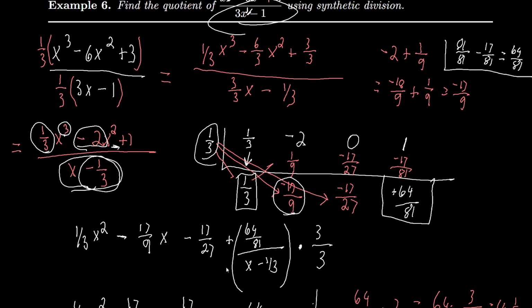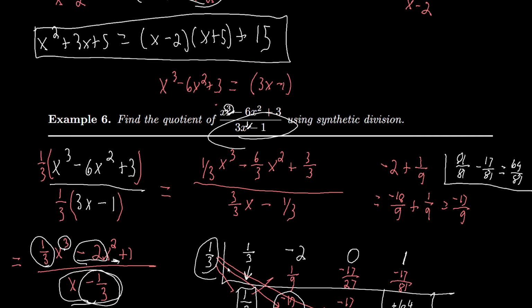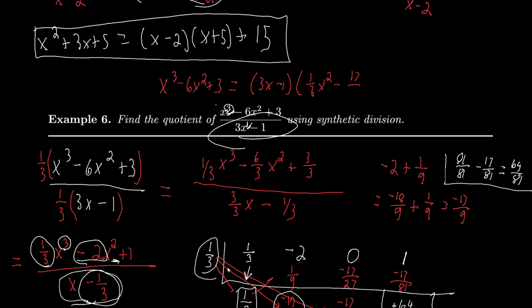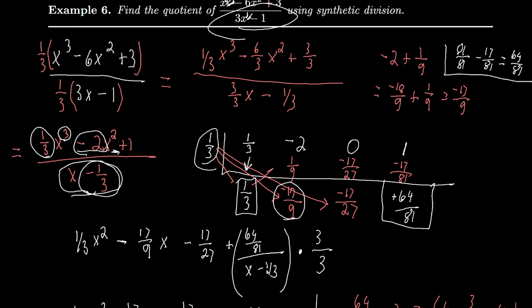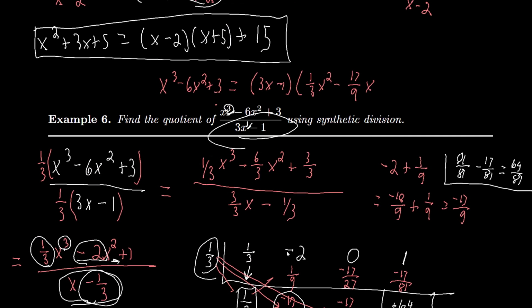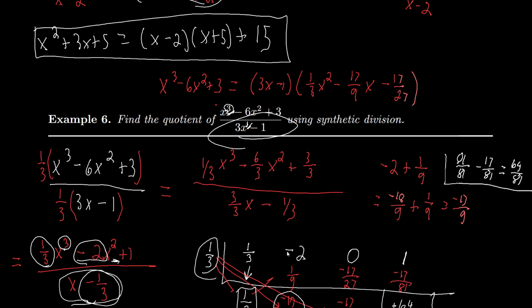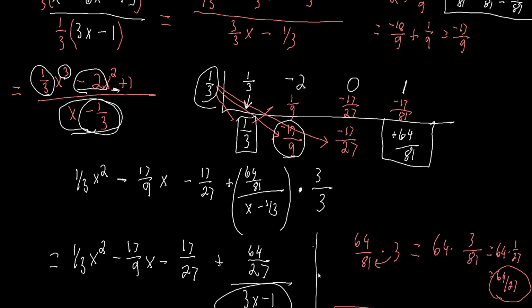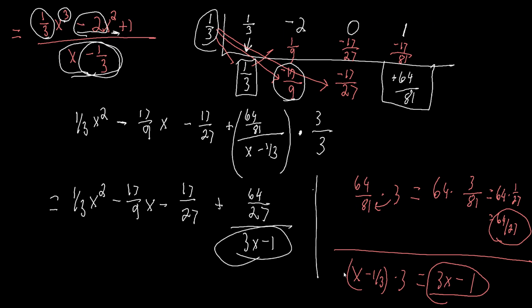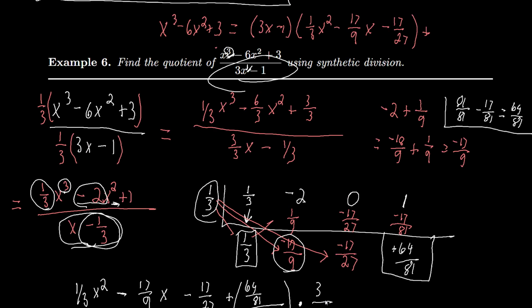So it's 1/3 x squared minus 17/9 x, plus, or minus 17/27. Oh boy. All right. Plus, in the end, that little extra bit, that 64 over 27 bit. 64 over 27.